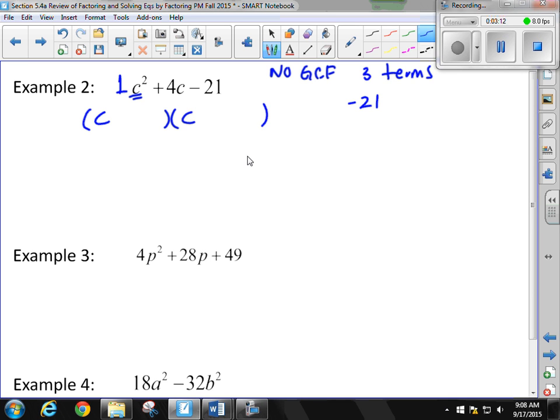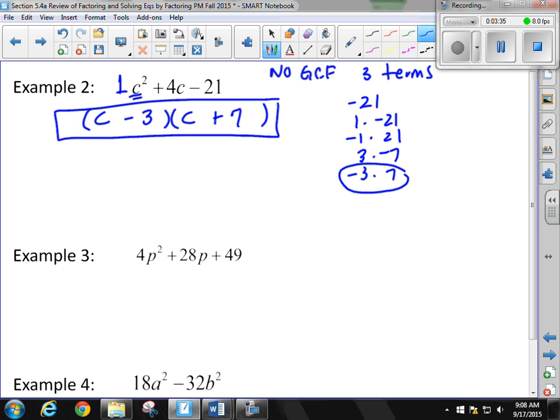Negative 21 could be 1 times negative 21, negative 1 times positive 21, 3 times negative 7, or negative 3 times positive 7. And this is my winning combination. If I add negative 3 and 7, I get a positive 4. So c minus 3, c plus 7, and my trinomial is factored.